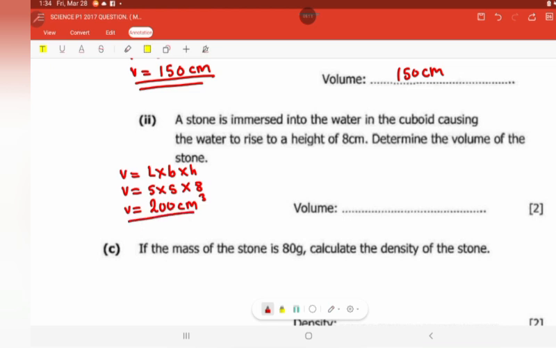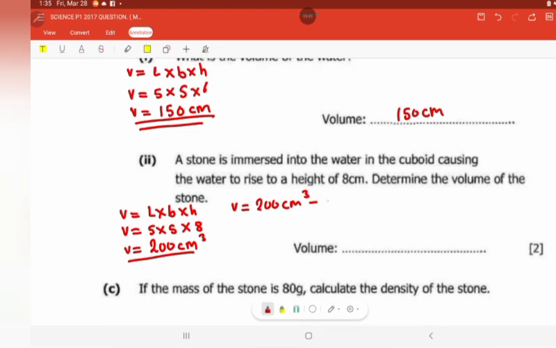Now what we're going to do, since we're finding the volume of the stone, is take 200 centimeter cubed and minus 150 centimeter cubed.